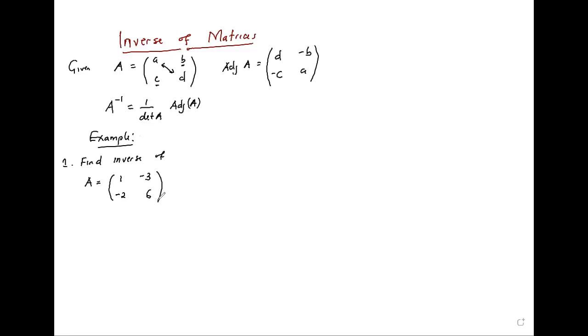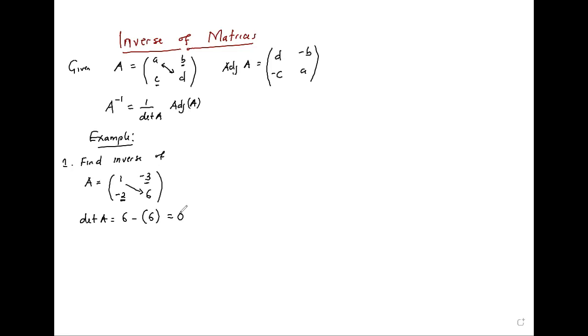So you say, first thing is to get the determinant of A, which is 6 times 1 minus negative 2 times negative 3, you get 6. So this is giving us 0.